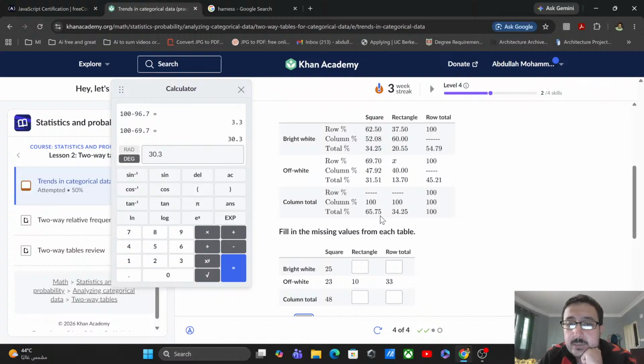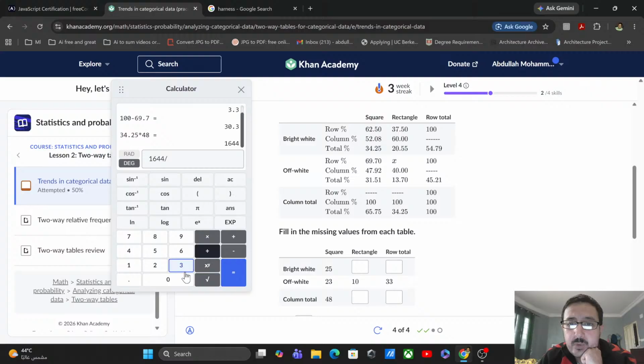So the rest. We got, so how many? 34.25 multiplied by 48 over 65.75, 25.